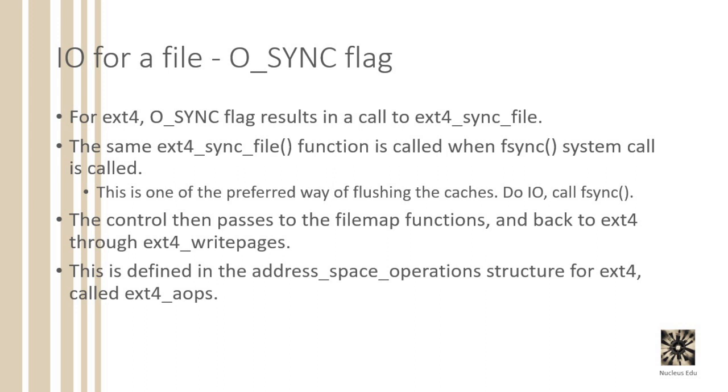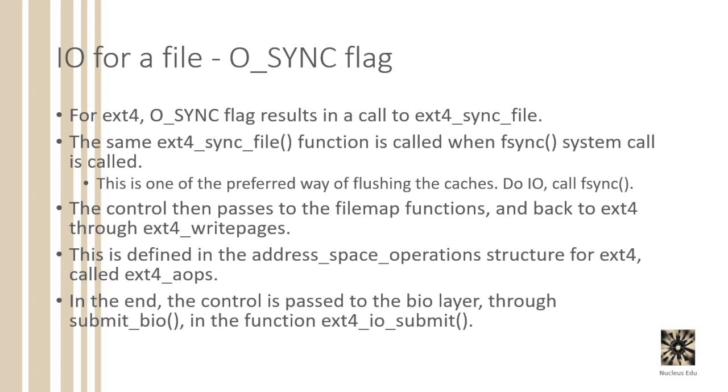This is defined in the address space operation structure for ext4, which is called ext4_aops. So through these functions of ext4, in the end, the control is passed to the bio layer through submit_bio, and this happens in the function called ext4_io_submit. And the IO basically has moved from the file system layer to the next layer called the bio layer.